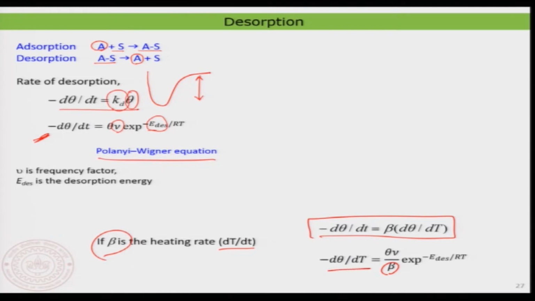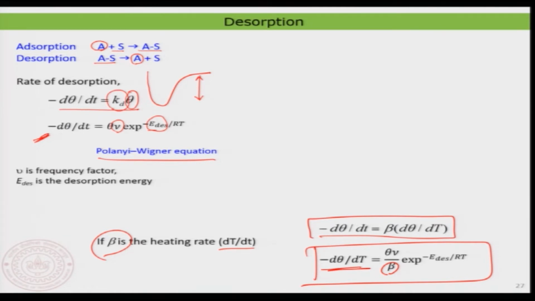So finally, what we are getting is the d theta by dT, that means the change in coverage of the adlayer as a function of temperature, because that is something we need for finally determining the energy of the desorption itself. And this is the important expression that connects the desorption energy and the coverage.